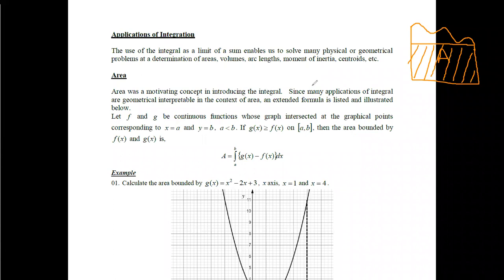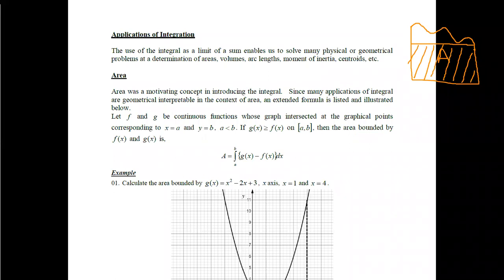Many applications of integrals are geometrically interpretable in the context of area. You can use the formulas listed below to calculate area. First I will introduce these equations, and thereafter we will look at some examples.